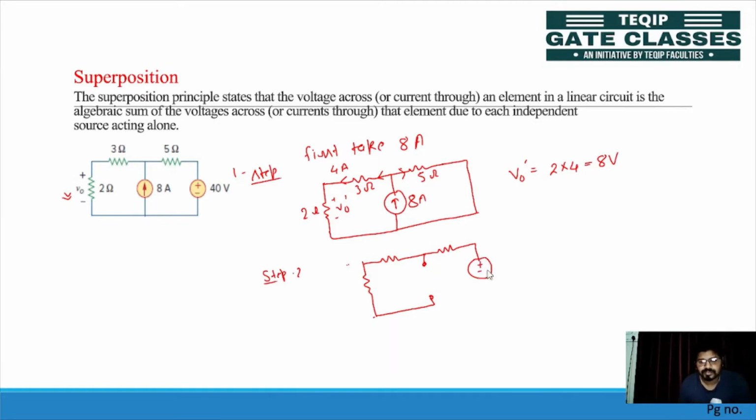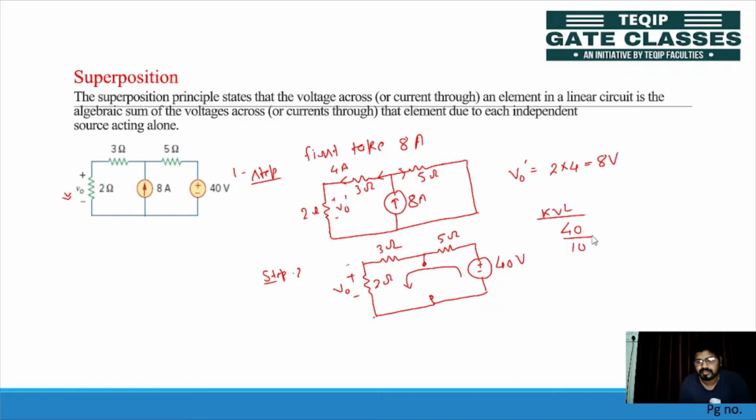Okay, so let's take this 40 volt, this is 5 ohm, this is 3 ohm, this is 2 ohm, plus minus V0. Here you can directly apply KVL. Total voltage is 40, and applying KVL in the loop, voltage is 40 and total resistance is 10.